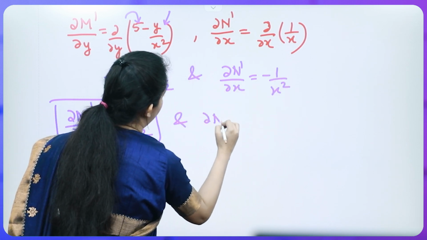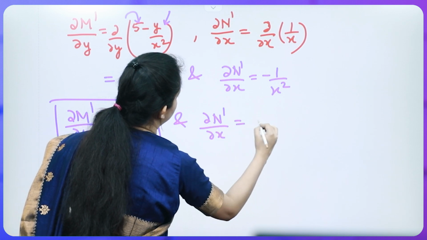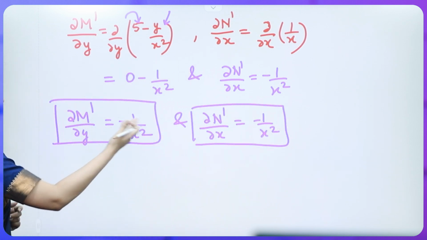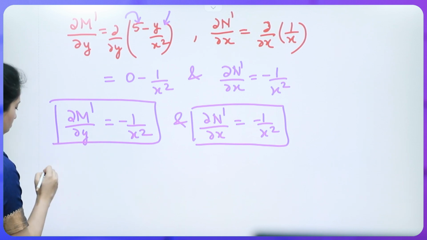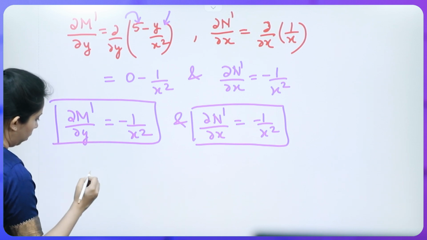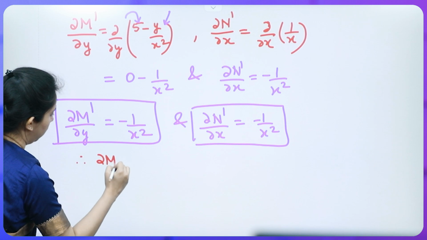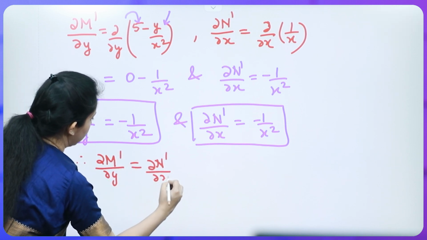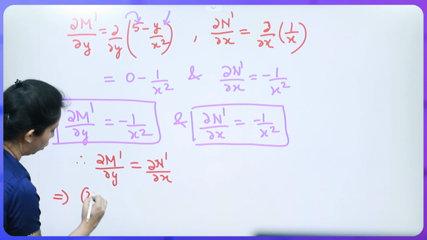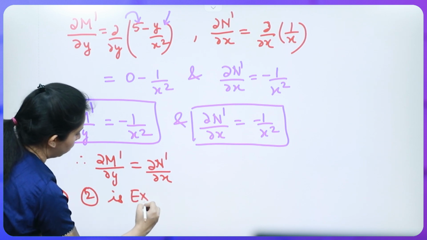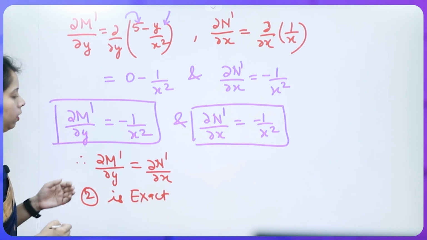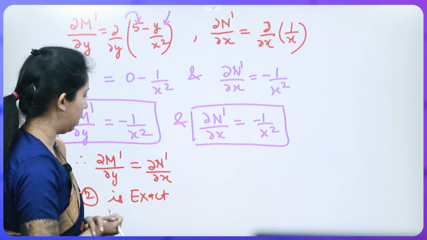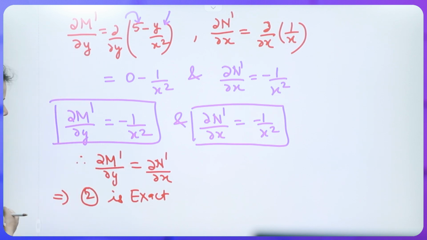So we can see that both the derivatives have the same value. Therefore del M dash upon del y is equal to del N dash upon del x. This implies equation 2 is exact because it fulfills the condition. So equation 2 is exact.